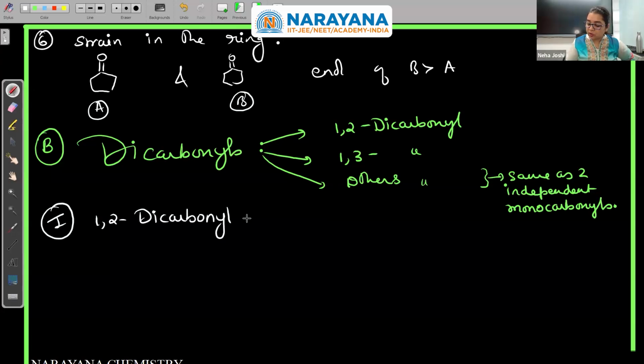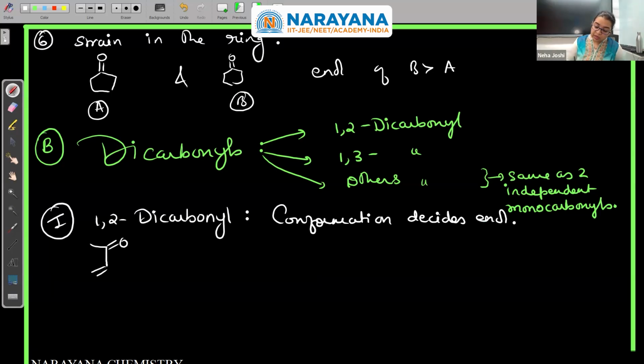dicarbonyl. Now, as I have already shown you, C double bond O bond dissociation energy is high. In case of 1,2 dicarbonyl, conformation decides enol. Conformation decides enol means if my dicarbonyl can rotate to this transoid. Now I have two choices. This is like cis. I cannot use the word cis because the rotation is allowed. And this is like transoid.